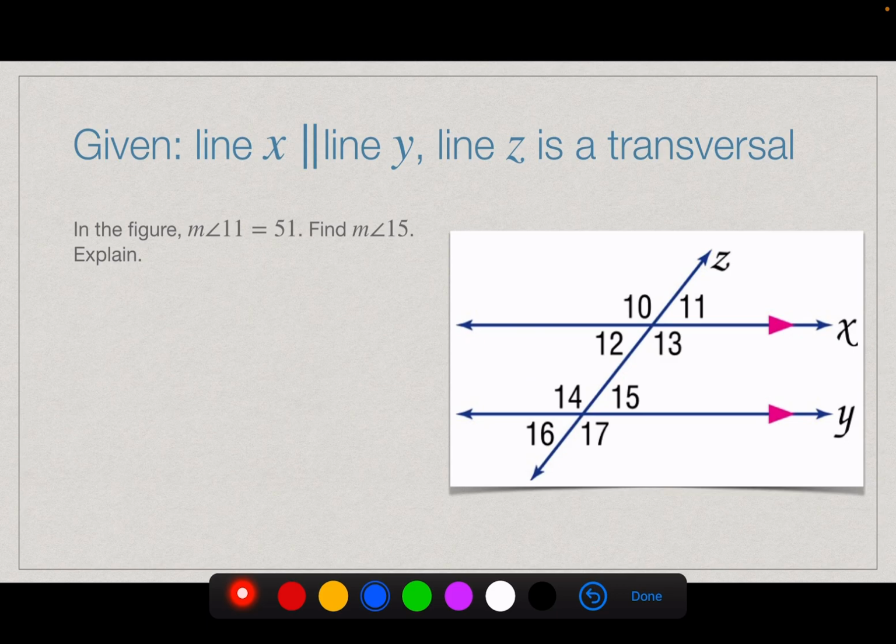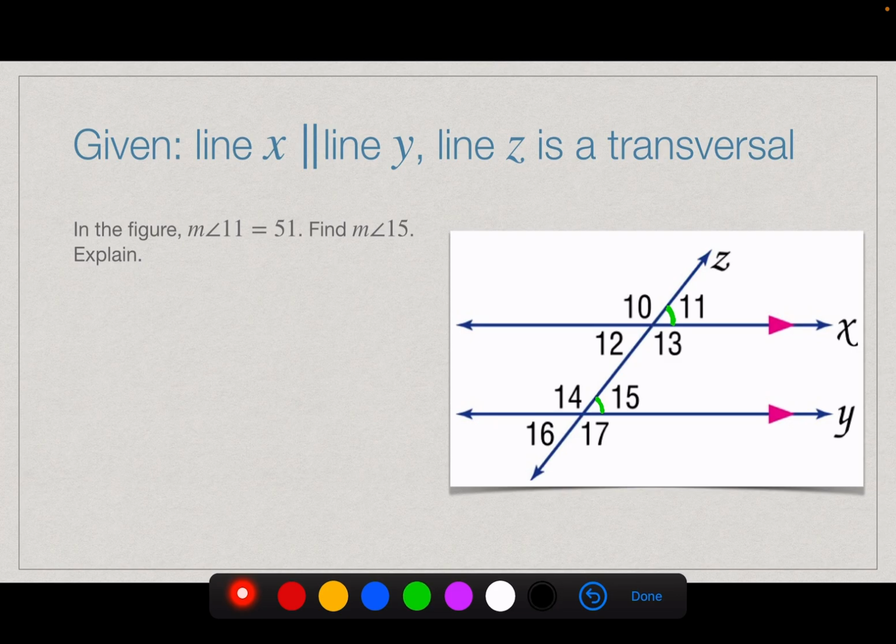So let's use this idea to answer a few basic questions. In the figure, the measurement of angle 11 is equal to 51. So if we look at angle 11, let's see that we have angle 11 here, and we have angle 15.